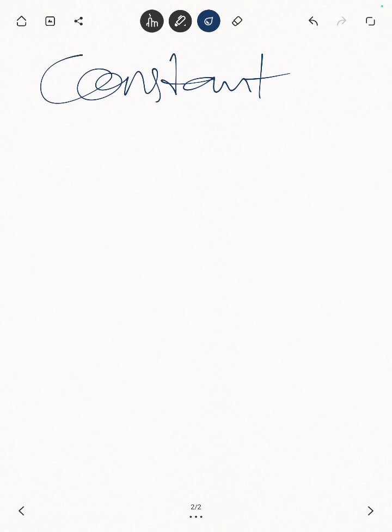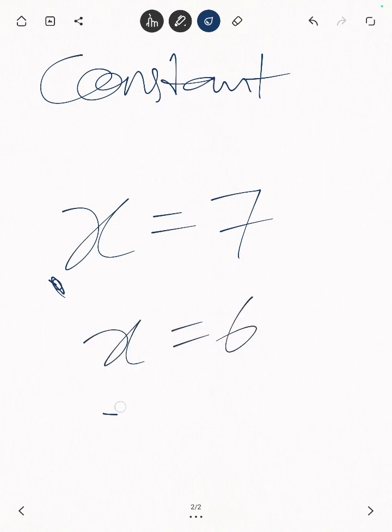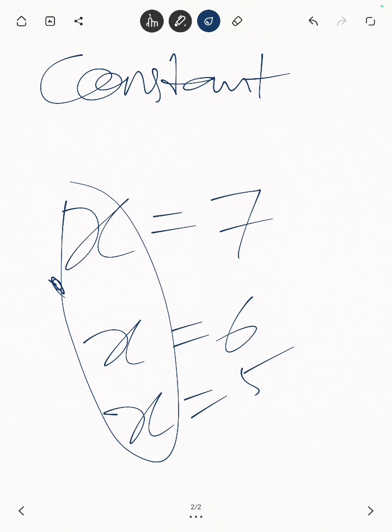The opposite of an unchanging thing is change, right? So variable, varying, changing. What do you mean by varying? See, whatever number I equate to this variable, I will get that number. If I give it 7, it will take it. If I make it 6, it will take it. If I give it 5, it will take it, right? So these things are called variables.